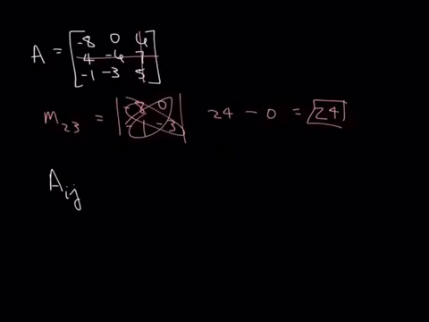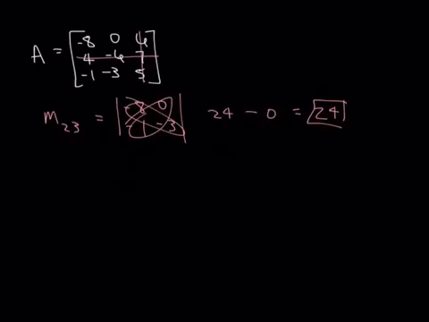So the cofactor, the capital letter A stands for cofactor, equals negative 1 to the i plus j times the minor ij. Alright, so they give you that formula, and we're going to use that formula, but I hate that formula.